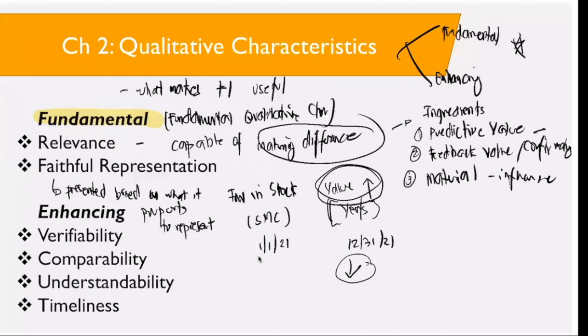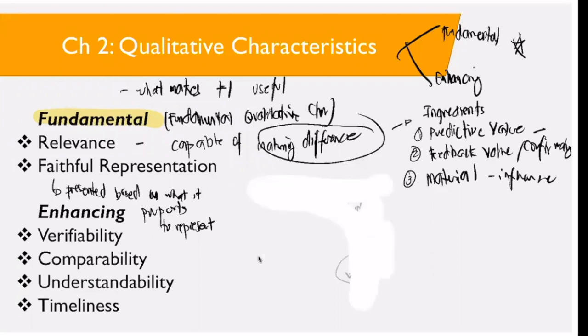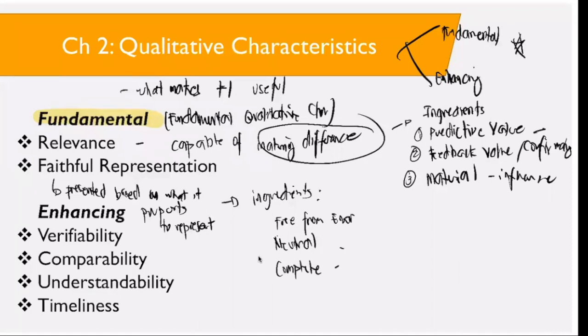Okay. So when can we say that a particular financial information is faithfully represented? If the following ingredients are present. So what are the ingredients of your faithful representation? First, it must be free from error. Next, it must be neutral. Next, it must be complete. Okay, so what do we mean by free from error?